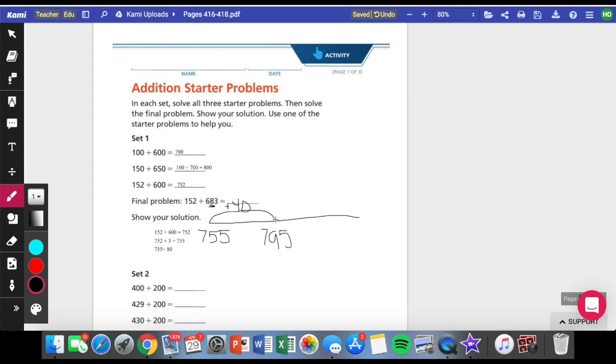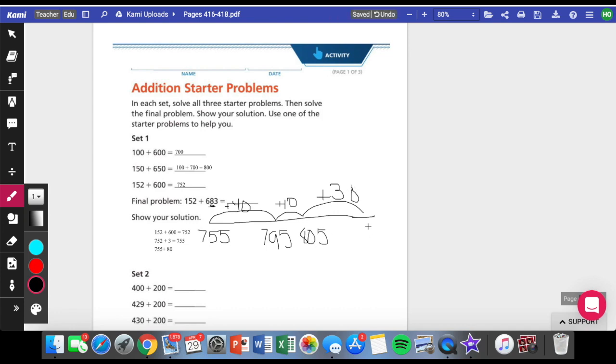And now I'm going to add 10 because then I'll know it's 805. And then I still have 30 left that I need to add. All I did is break down my tens place into numbers that are easier for me to add.